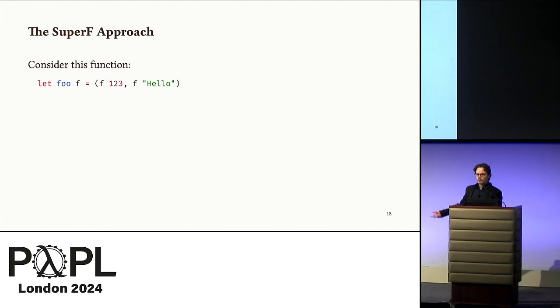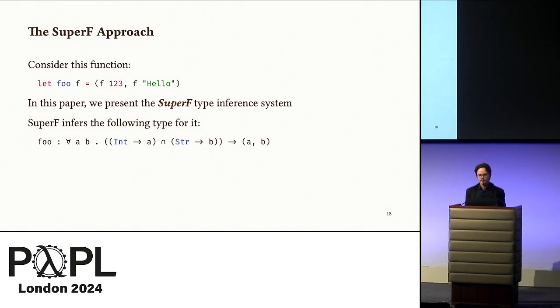Our approach, which is done in SuperF, a new type inference system using subtyping, is to infer an intersection type. Here we are using the same function in two different positions, and that gives rise to an intersection. So the type of the argument function is now required to be both a function that takes ints to some a and strings to some b, and returns a tuple of a and b.